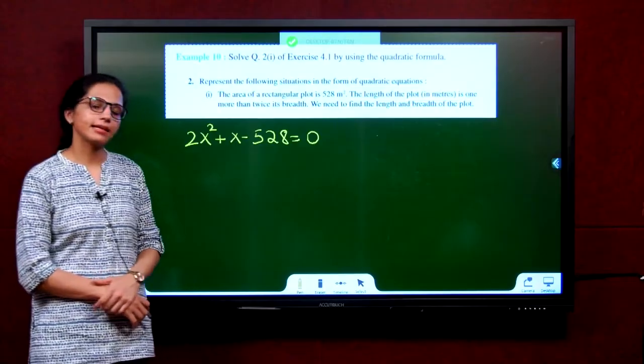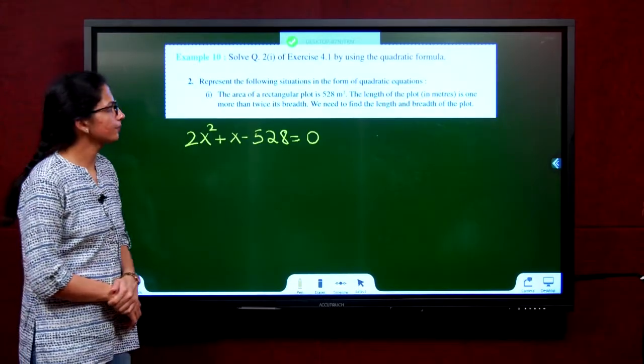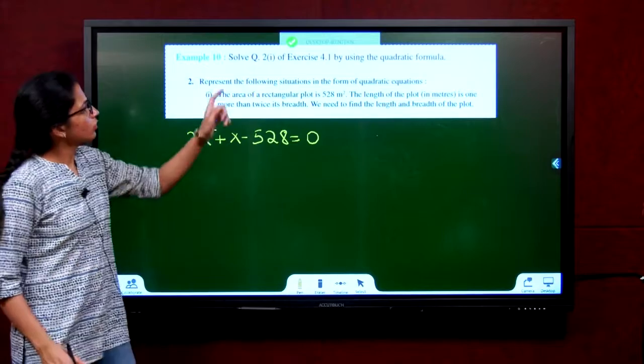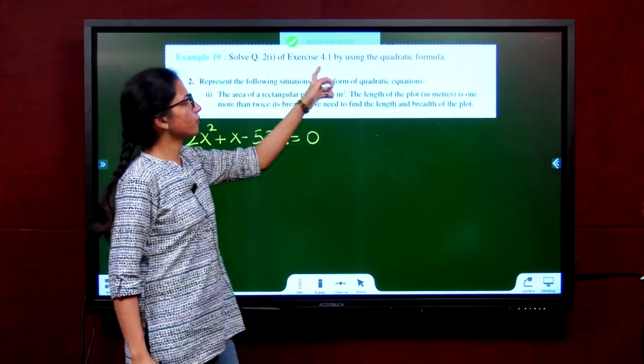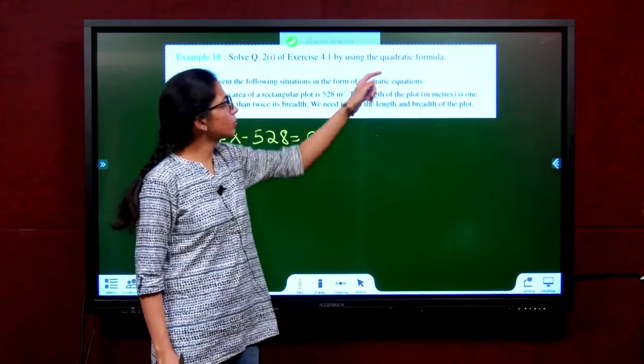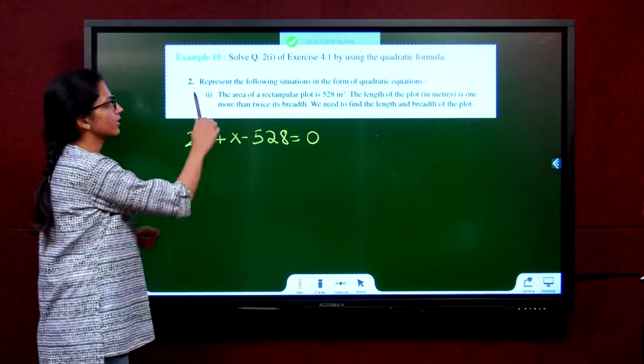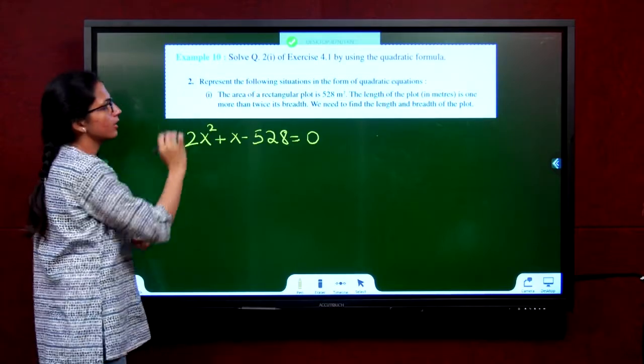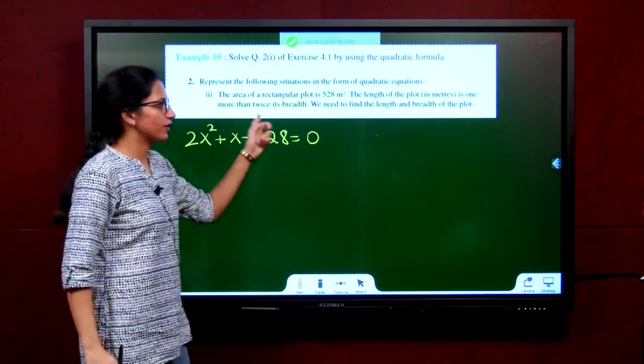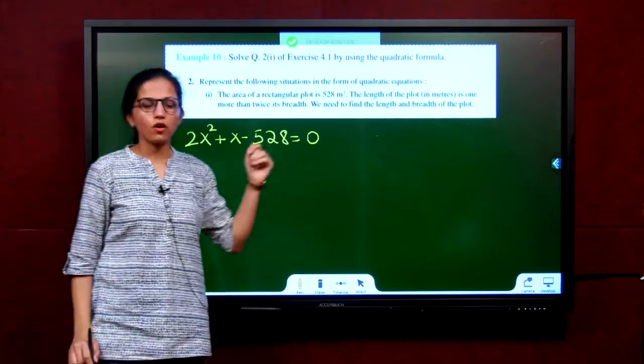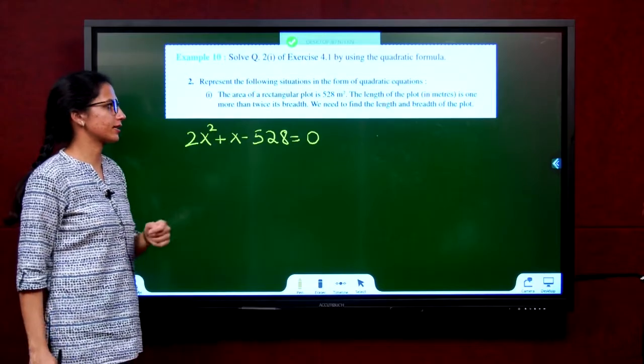Let us now see an example of how to apply the formula. Example 10. Solve question 2, first one of exercise 4.1 using quadratic formula. This was a question we have already represented in the form of quadratic equation.